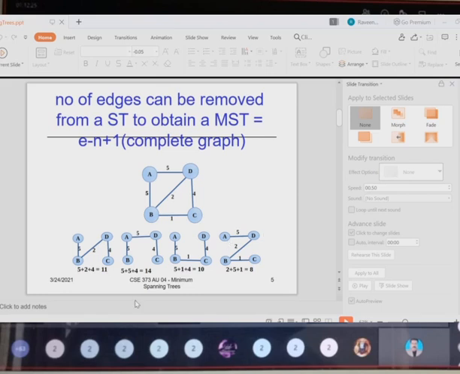Then the important condition is it has the same number of vertices and a missing edge. Then it forms a tree. We have to form a tree only from a graph which does not contain a cycle. We already know an acyclic graph can also be called a tree.